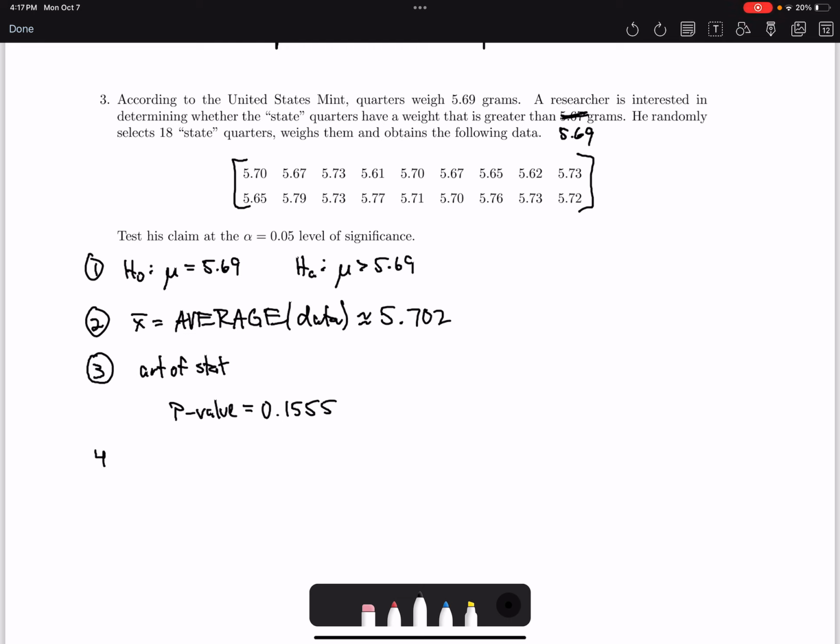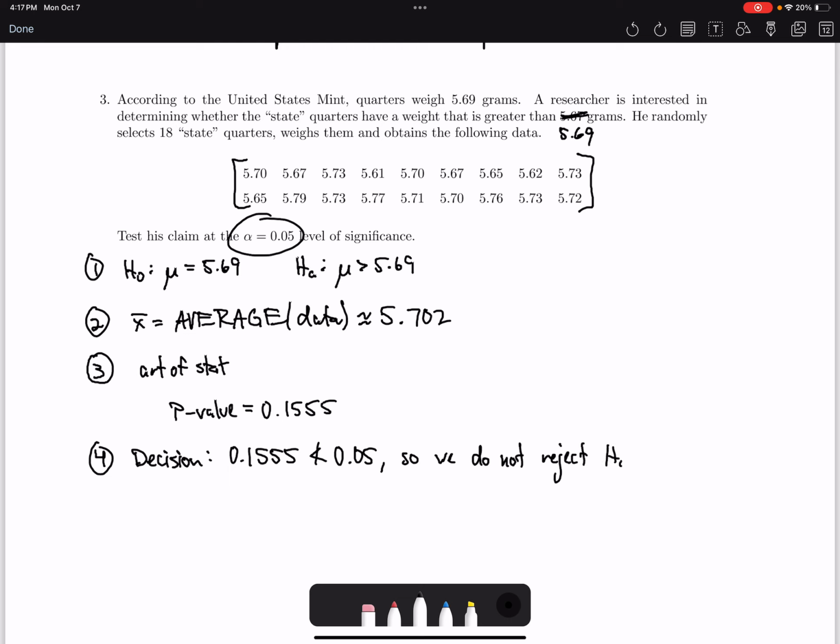So 0.1555 is not less than our level of significance, 0.05. So we do not reject H null.